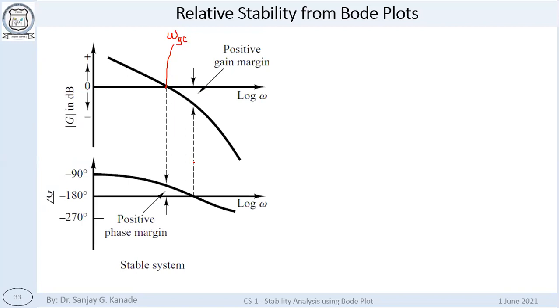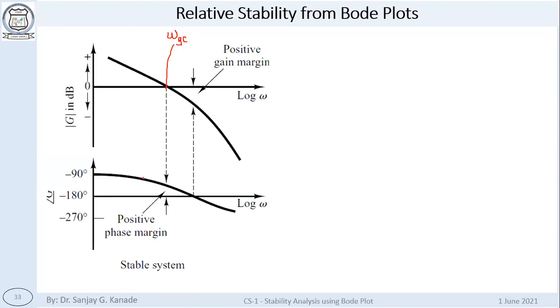So crossing, what crossing? There are basically 2 important lines. As far as the magnitude plot is concerned, the 0 dB line is the main line, and for phase, the minus 180 degree line is the main line. So when gain crosses the 0 dB line, that frequency is called gain crossover frequency.